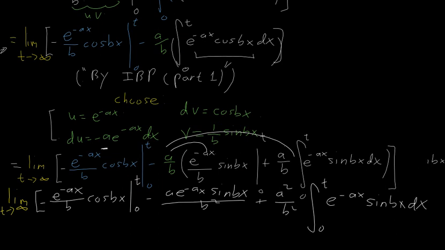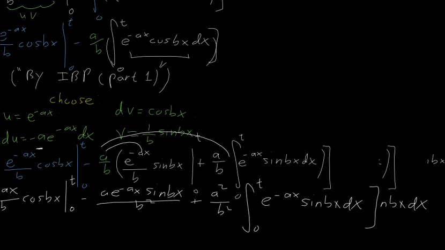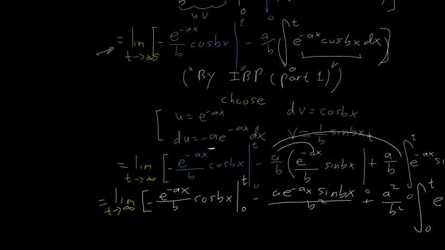So this is what we've got so far. Let's go to the next page. I'm just going to simplify. So continuing, we have the limit as t approaches infinity, in square brackets.